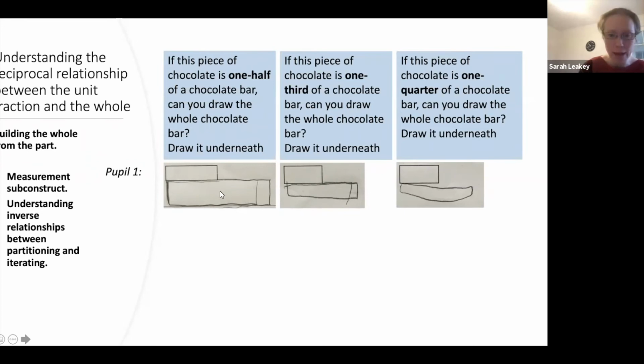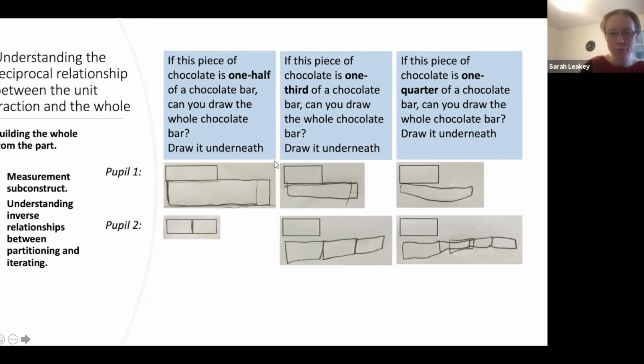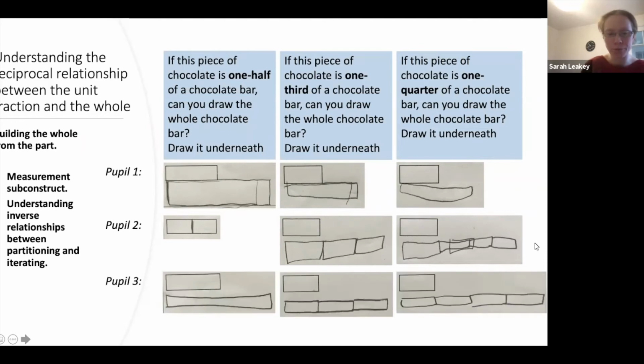It's slightly too big, but otherwise it's pretty accurate, and they've just extended it, but they've not managed to do it with these two. This pupil cut the original one in half, but then they seem to have made sense of the problem, and they've repeated that 1/3 unit 3 times and this 1/4 unit 4 times, recreating the whole. This pupil's done something similar, but for that first one, they extended it there.